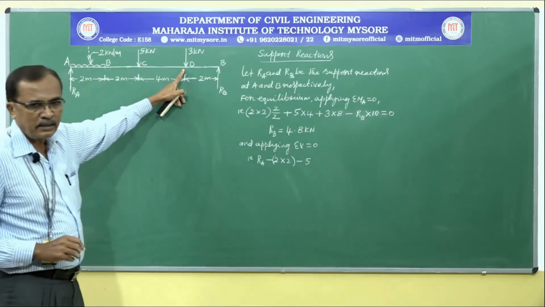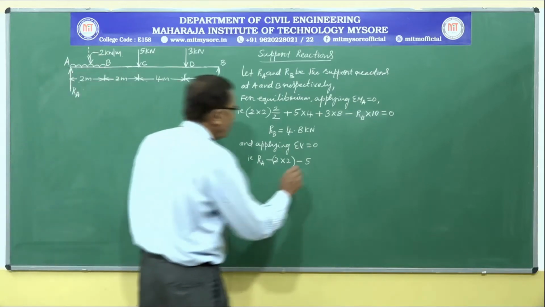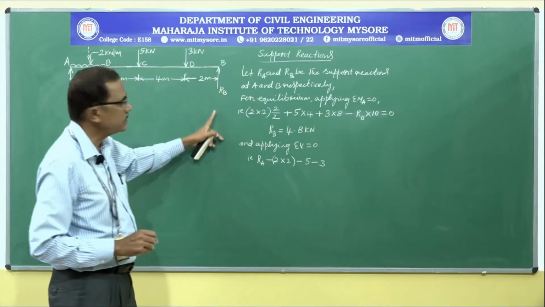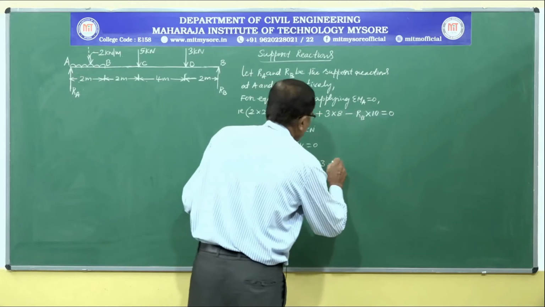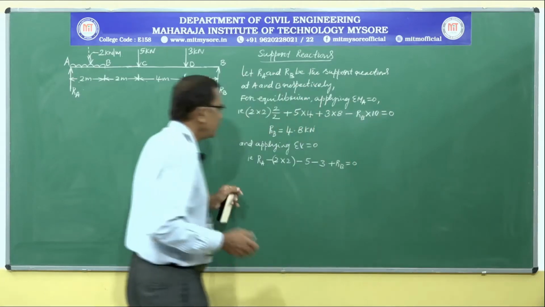At point D there is a downward point load, that's also negative, minus 3. And at point B there is an upward support reaction, treat it as positive, plus RB, that is equal to 0.